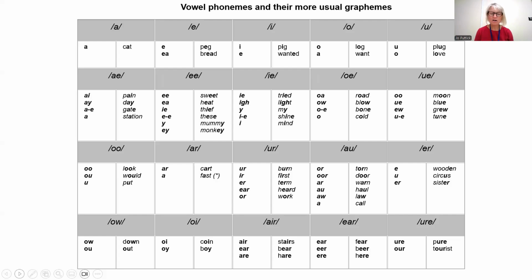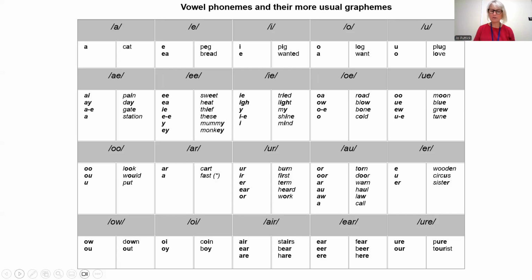Once again, on this chart, you have a number of different representations, so single letters or pairs or even three letters sometimes with an example word where that sound or phoneme is represented.